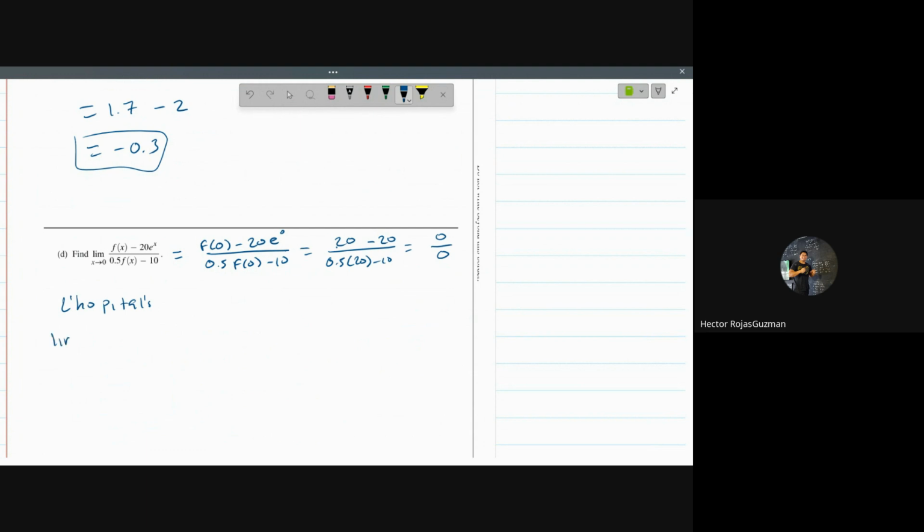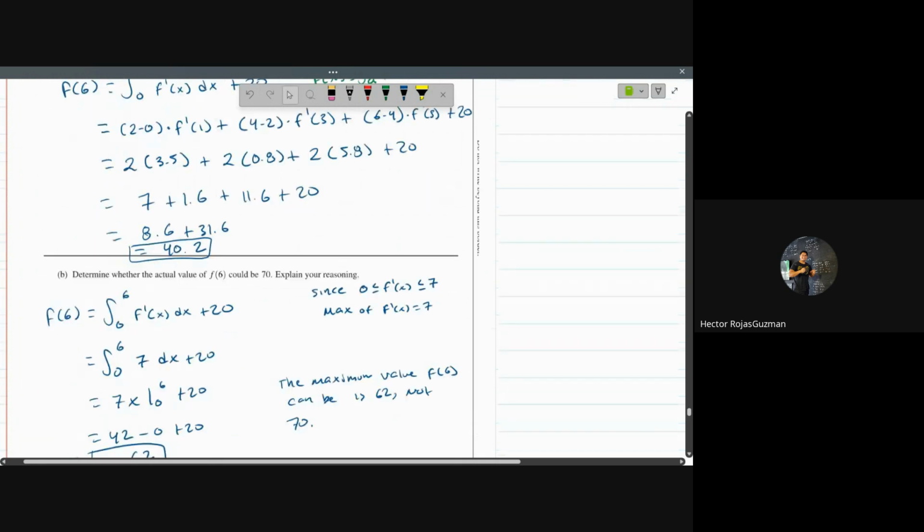So then we're going to take the limit as x approaches 0, and we're going to go ahead and take the derivative. Now you can plug in 0. f prime of 0 minus 20 times e to the 0 divided by 0.5 times f prime of 0. f prime of 0, according to my table, is 4.